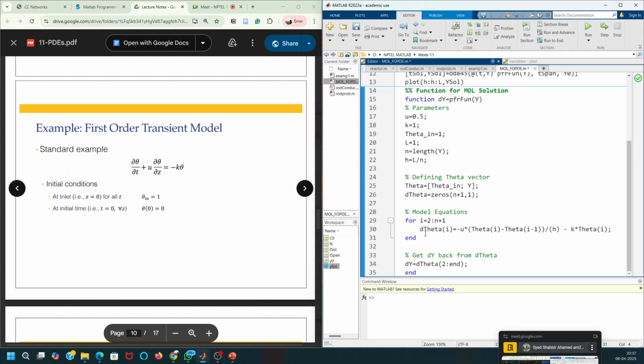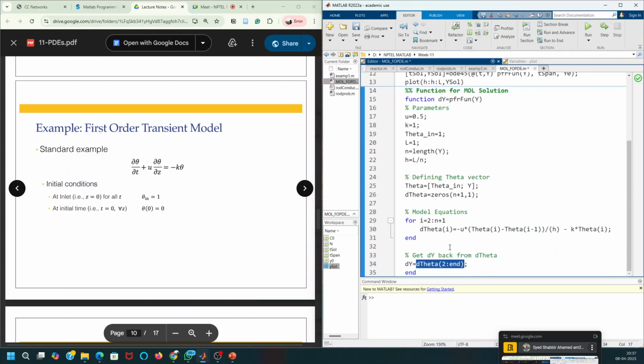I'm using the backward difference formula, going from the second node to the last node, to get the value of our ordinary differential equations. I will get all those ordinary differential equations as the output of this function.